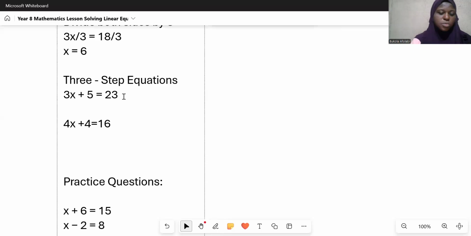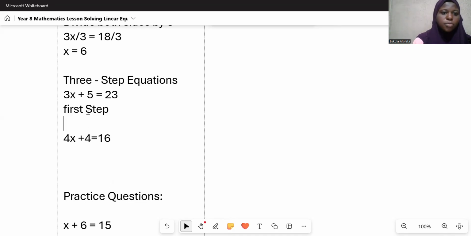First step, subtract 5 from both sides of the equation. We subtract 5 from both sides of the equation.